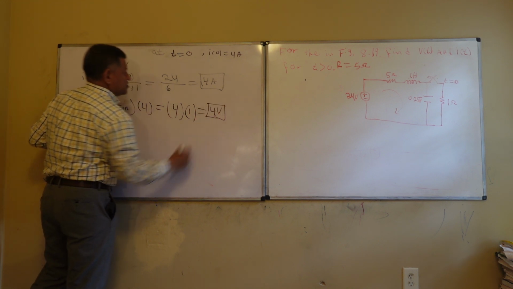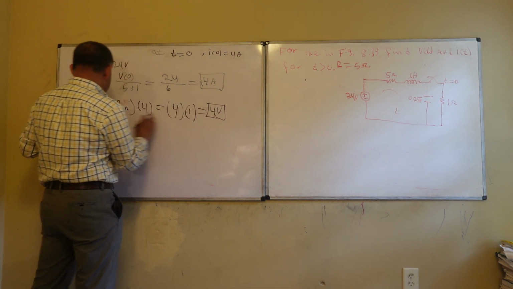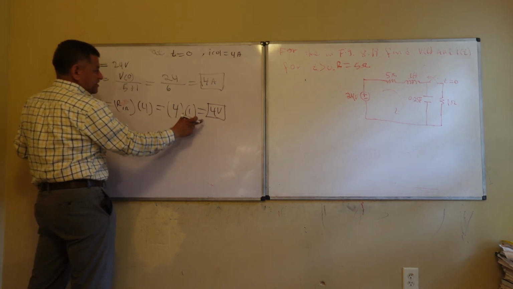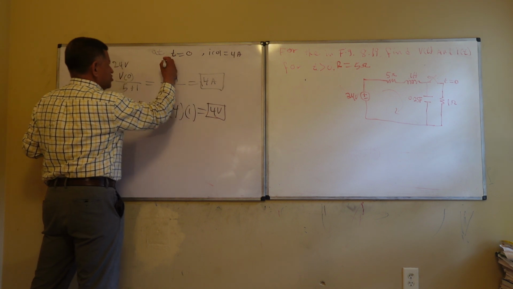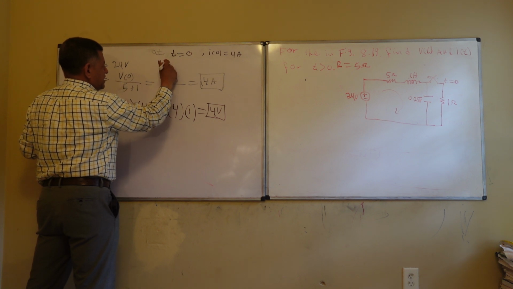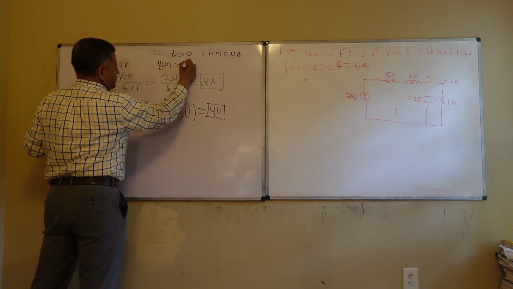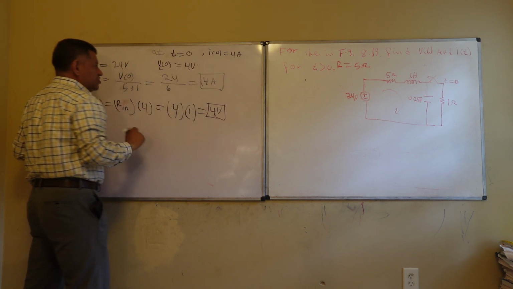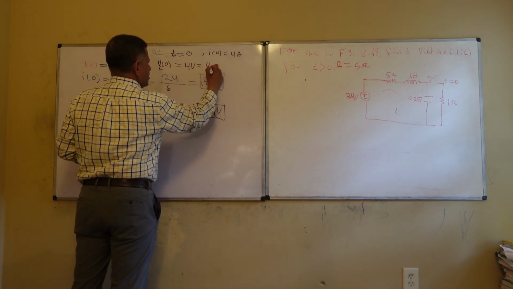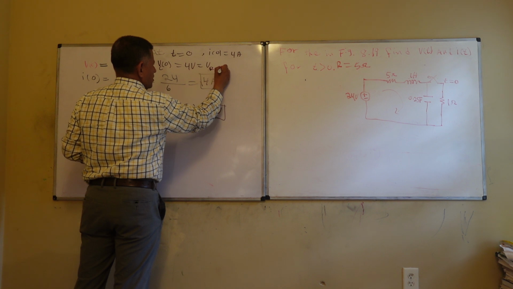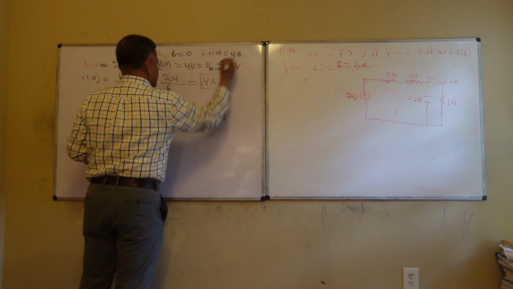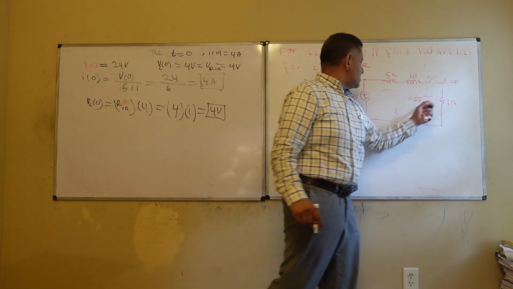So we found this condition too. At t equal to 0, V of C is equal to 4 volts, which is also equal to V of the 1 ohm resistor, 4 volts, because they're in parallel.